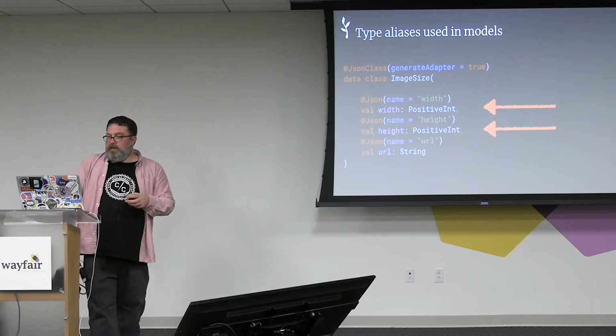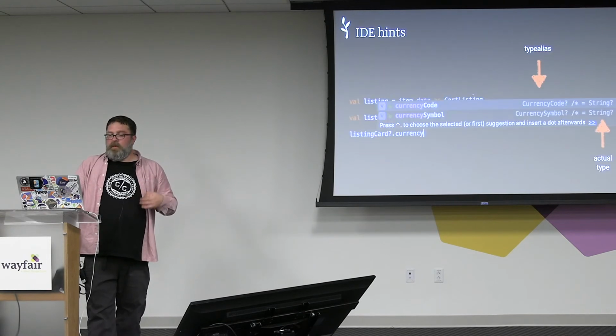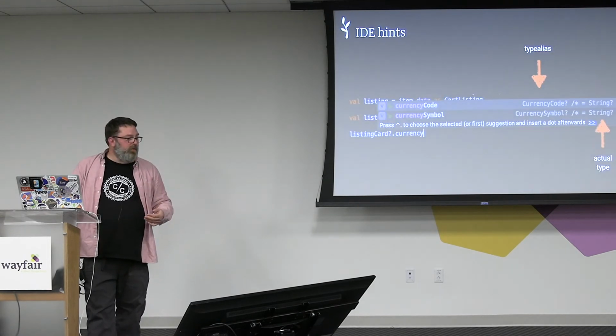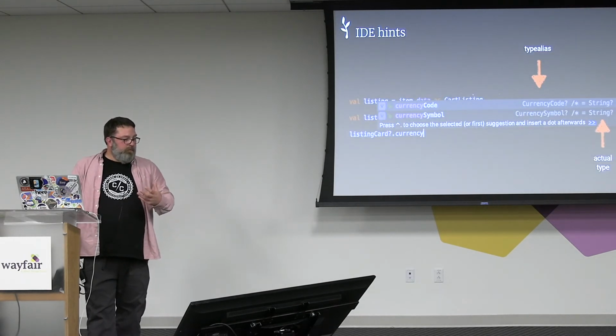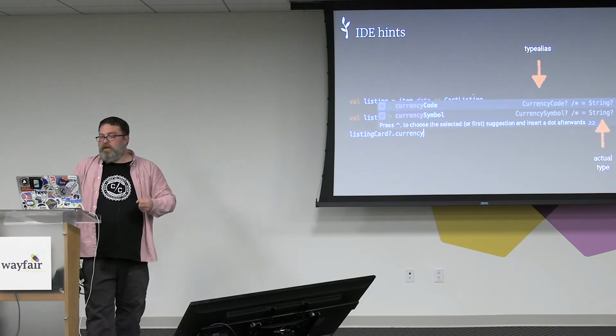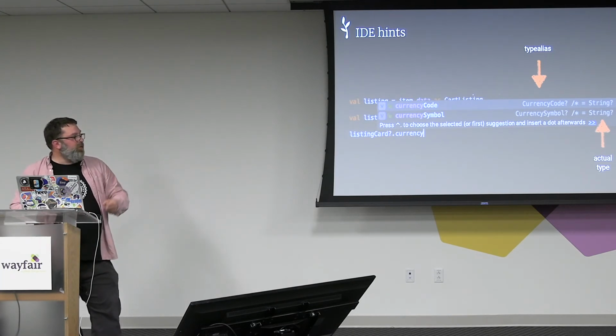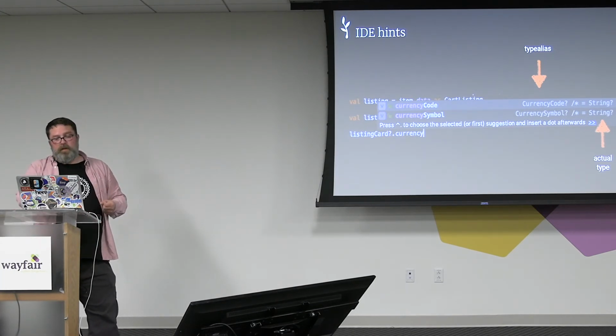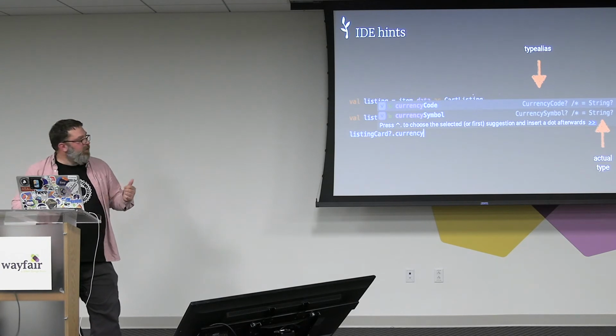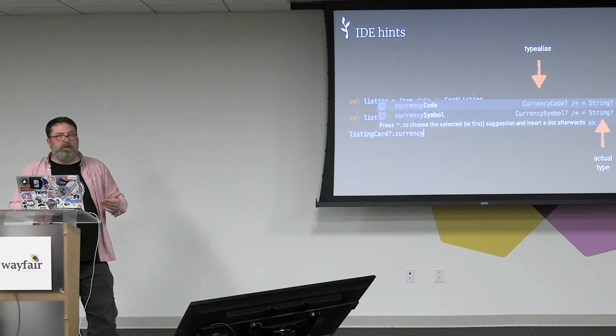So if we put these in, then when we're using that object in our code, say they've just read in the listing card and they want to use the currency code, they'll get the type alias, but they'll also see the actual type under the hood. And this is what Android Studio and IntelliJ will show you when you're doing code completion. So it's very helpful.